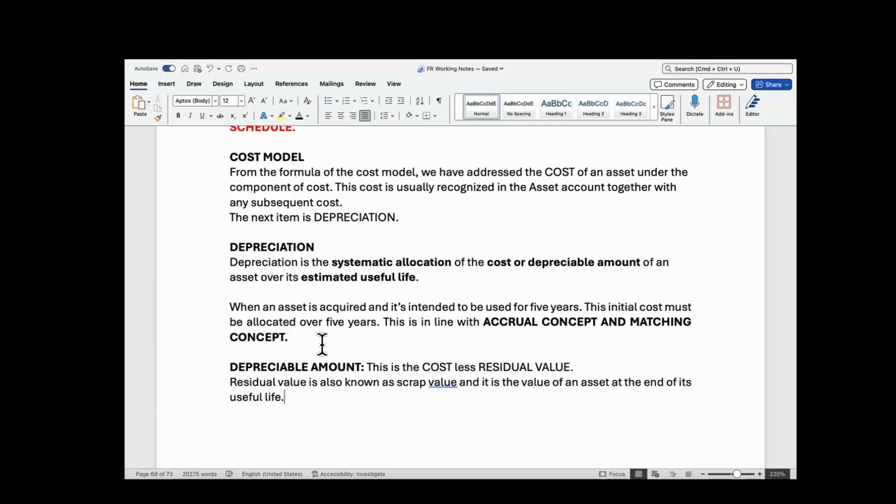The intention here is to get an allocated amount every year. So the amount that is available to be allocated over the life of an asset is usually the depreciable amount, whenever there is a residual value, whenever there is a scrap value on an asset. And that is depreciable amount.